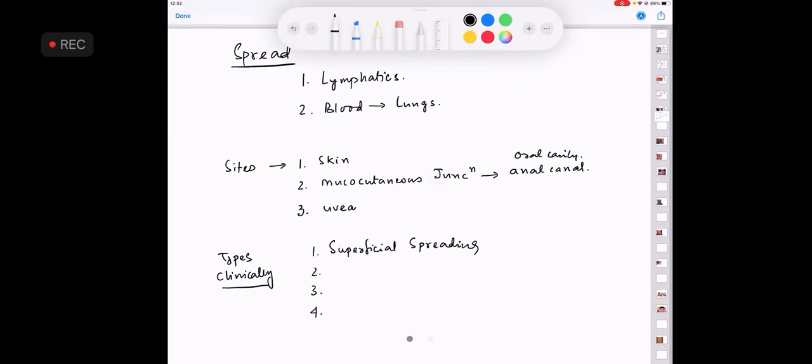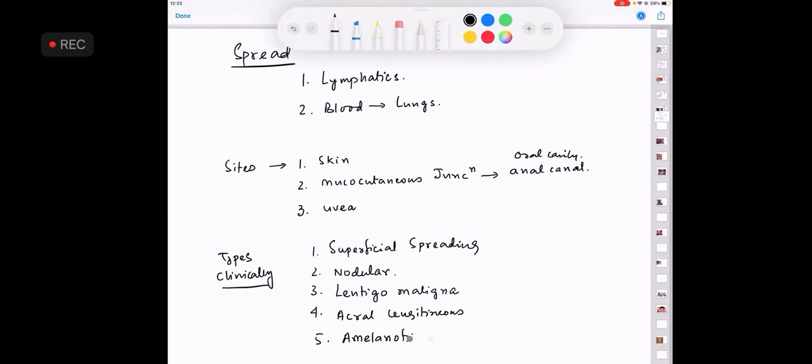The second type is called nodular. The third type is called lentigo maligna. And the fourth type is acral lentiginous. The fifth type is amelanotic.